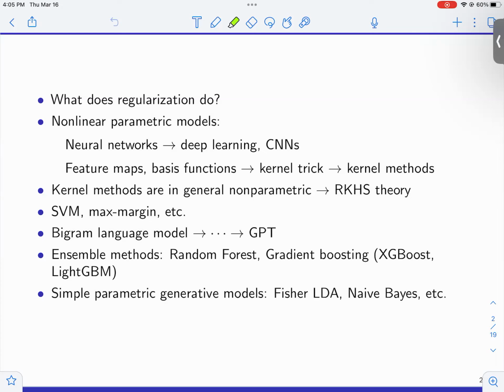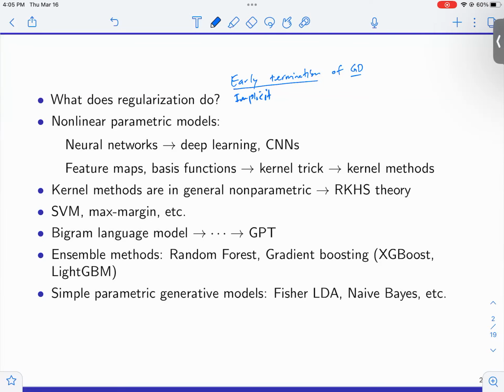So a form of regularization is early termination of gradient descent. There's also implicit regularization in gradient descent. This is what people talk about: gradient descent has some sort of regularization effect itself, which we haven't talked about.